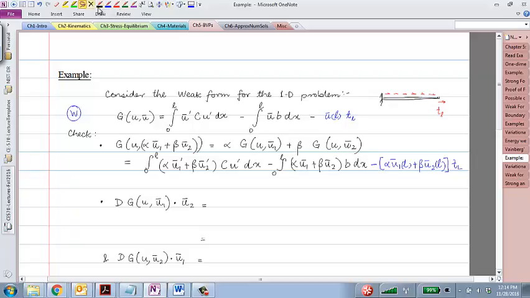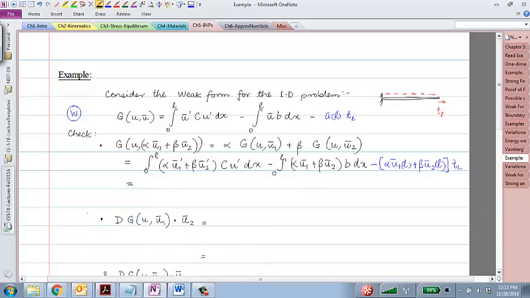Hopefully you see that, and if not, let's do that. This would be equal to alpha times the integral from 0 to L of U1 bar prime C U prime dx, minus the integral from 0 to L of U1 bar b dx, minus U1 bar at L times TL.